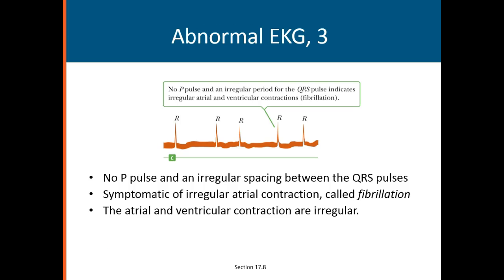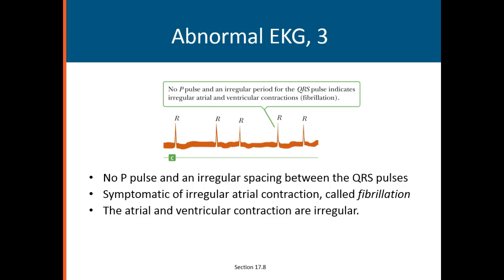Now, you see here it was wide, narrow, wide again, not as narrow, but narrow. So there is no P pulse, so you don't see the P coming in ahead of time, and there's an irregular spacing between the QRS pulses, symptomatic of irregular atrial contraction.